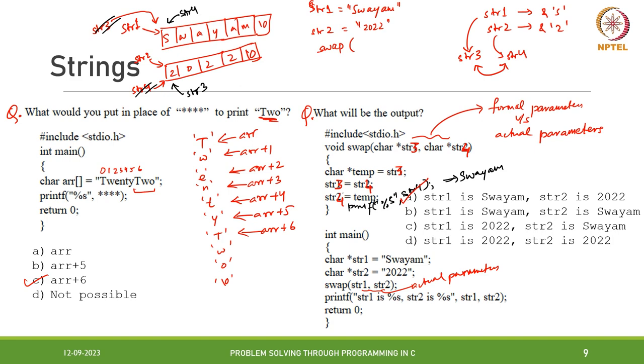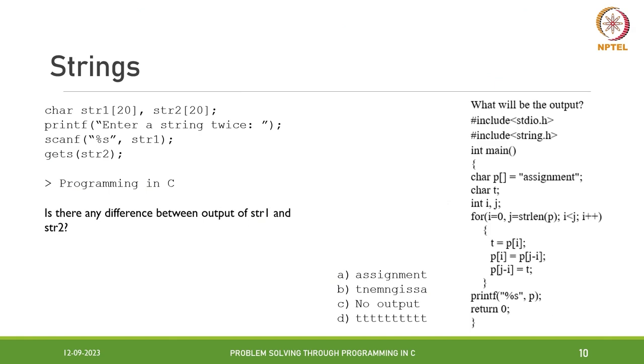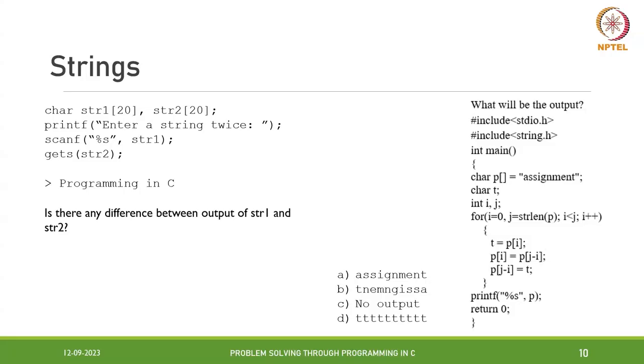Okay, so if this is clear, then we can just look at the last question, I guess. Yeah, this is the last question I have, the last two questions. So this is more of a theory question. Here I am asking the user to enter a string twice.